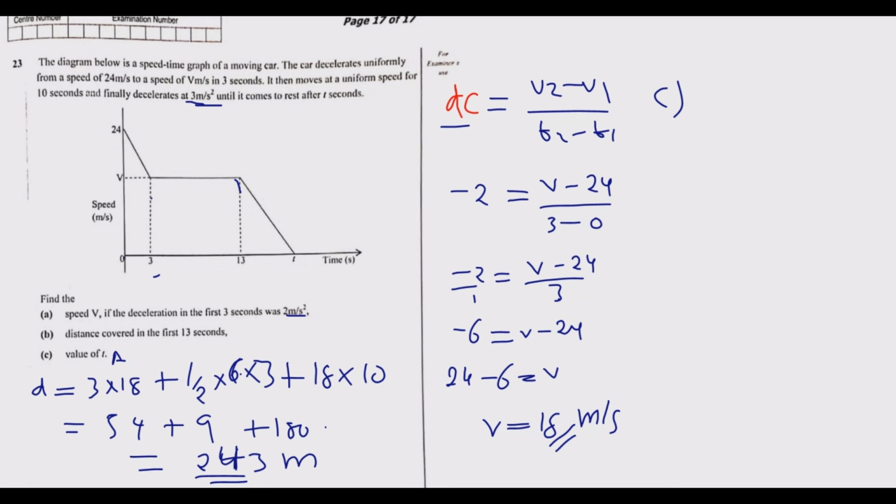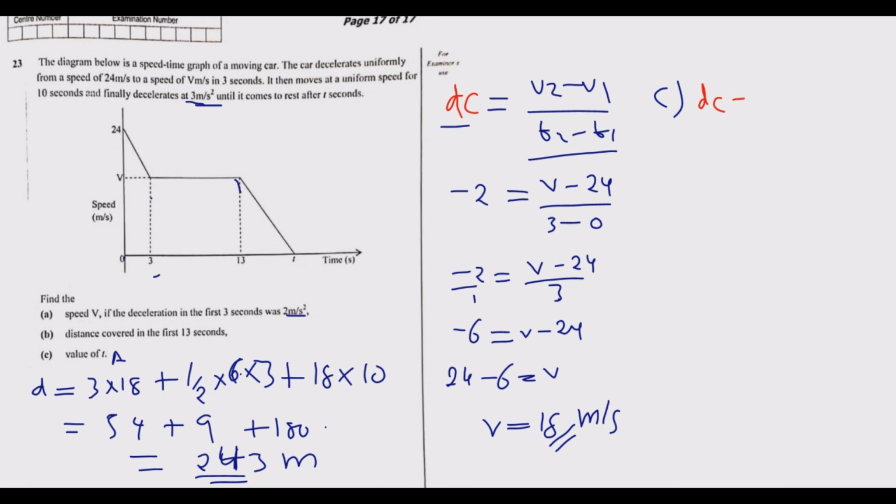So for us to find the final T, it would require for it to come to rest. We need to use the same formula that we used here.